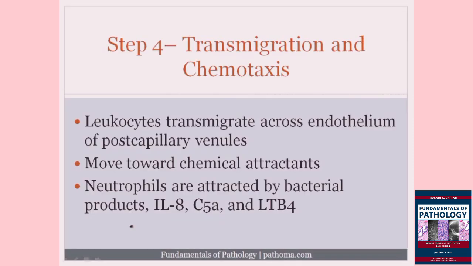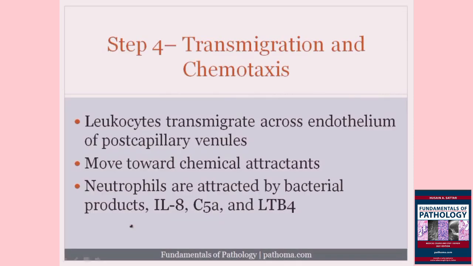Then the neutrophil is drawn into the area of battle. That movement is called chemotaxis, because the neutrophil can't see, but it can sense chemicals. Chemical movement. The chemicals call the neutrophil to the area of battle. Let's go back to our slides.